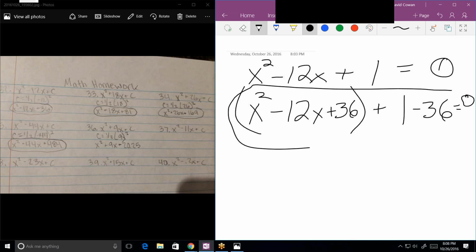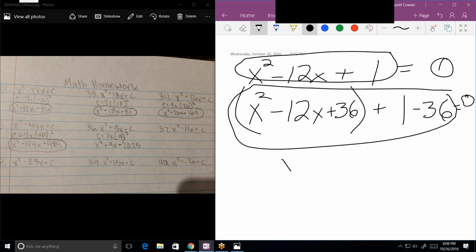I want the expression to stay exactly the same. And this that I've circled is exactly the same as that. The only difference is now it's in a format that allows me to express this part that's in the parentheses as a linear term squared. Now I combine my two numbers.